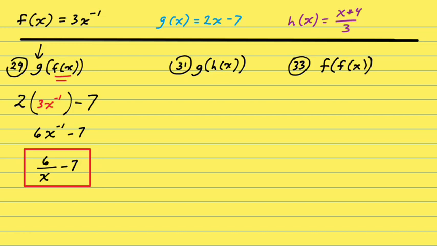31 is g of h of x. Again, the g is the outermost letter. So I'm going to rewrite my g function, which is 2x minus 7. But I didn't write the x. I'm going to replace the variable with the other expression, in this case, h of x. So what is h of x? x plus 4 over 3.